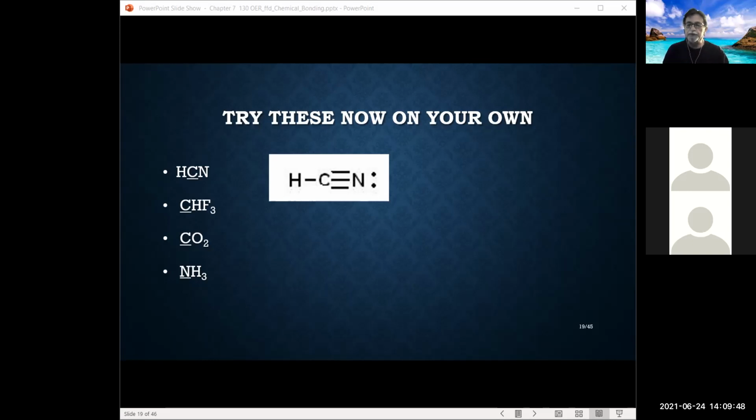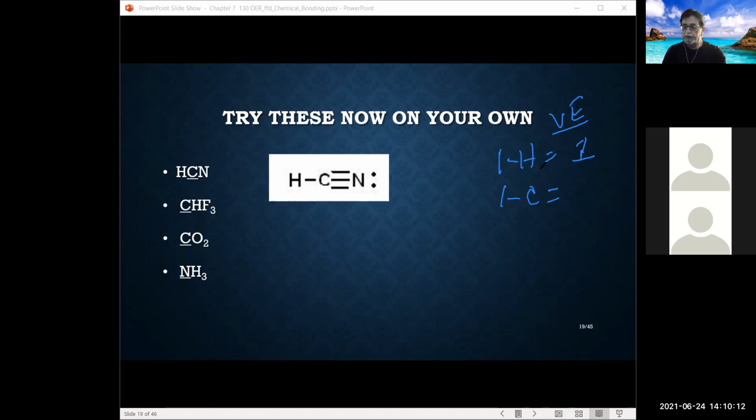Well, first things first, we need a grocery list of valence electrons. And so we have one hydrogen, which brings one valence electron to the table. And then we have one carbon.